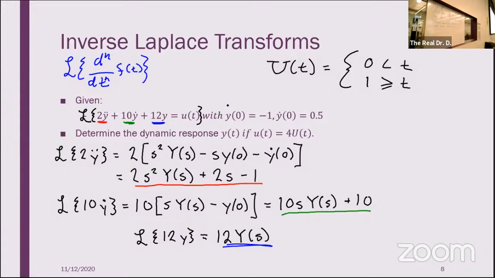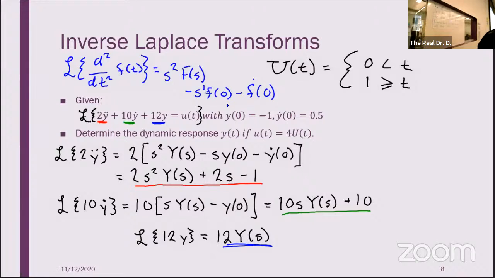In our case, our highest order derivative was 2. So if we go by this, we'd have s to the n, which is 2, times f of s, minus s to the 1 times the initial condition, f of 0, minus, well, now s to the 0, f prime, f dot of 0.